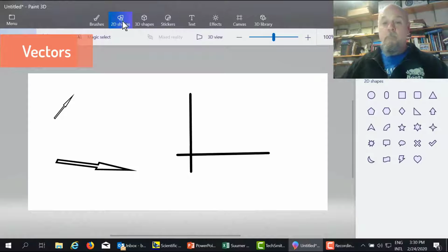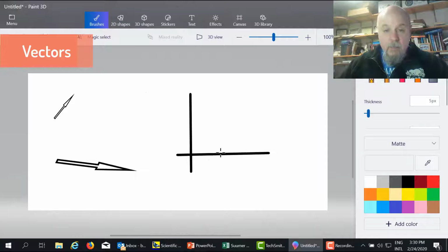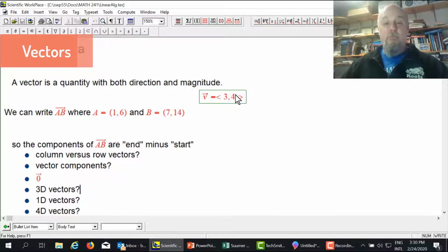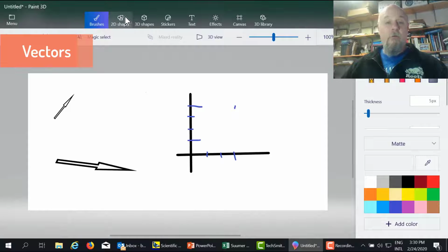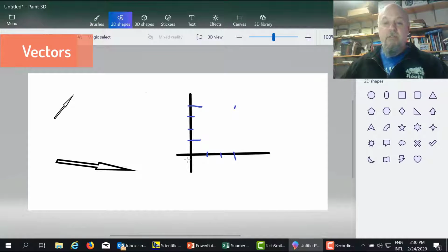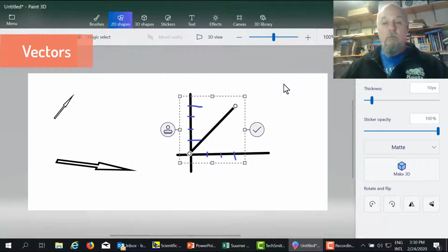If I go over 3 units, 1, 2, 3, and up 4 units, 1, 2, 3, 4, that's the point (3, 4). And when I talk about a vector ⟨3, 4⟩, I'm talking about the vector that starts at the origin and goes to the point (3, 4).